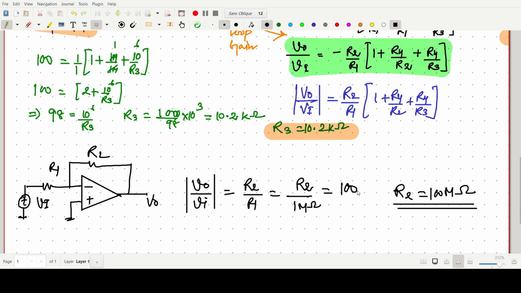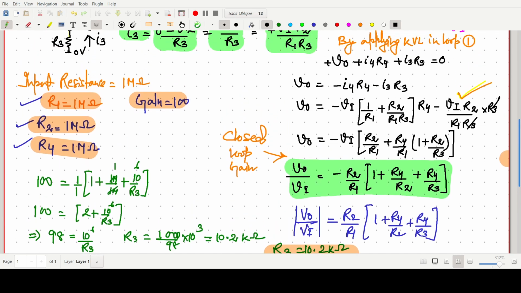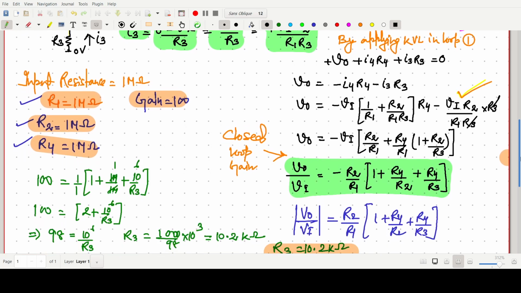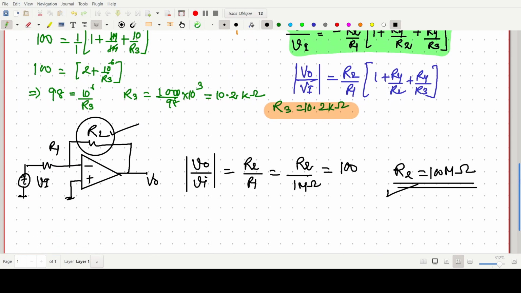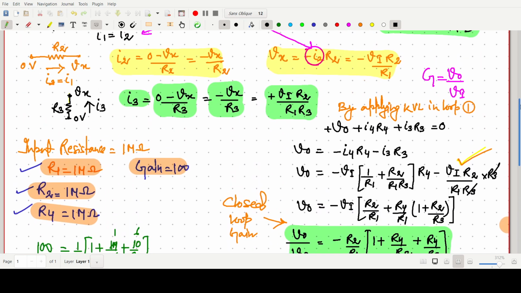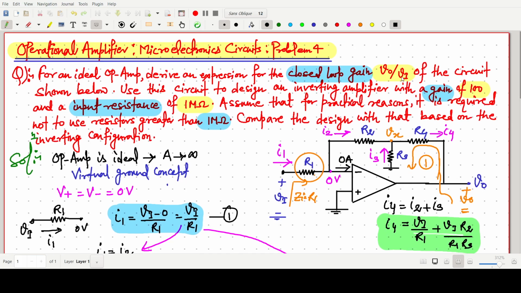So to achieve a gain of 100, we need a very high value of this resistance, 100 mega ohm, which is practically not feasible for design purposes. This can be resolved by taking this kind of structure, where the R3 value is very small. So this is the solution for this question. They are asking to compare the design with the one based on the inverting configuration.